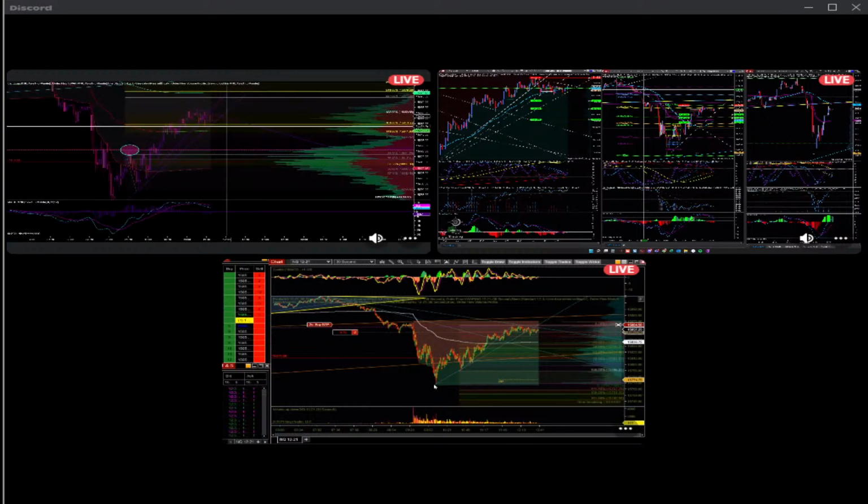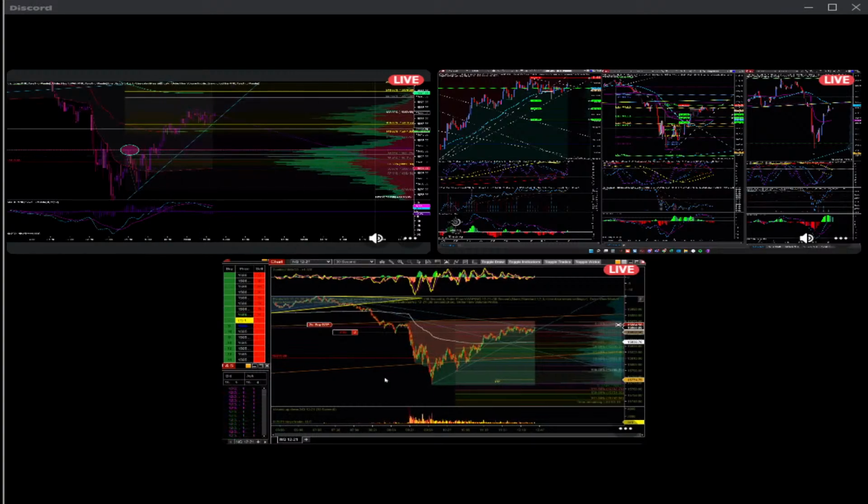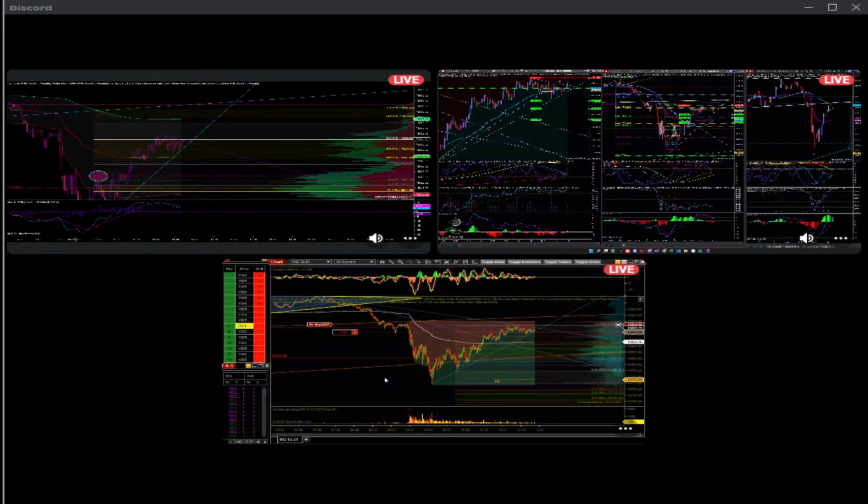It hasn't reached that trend line yet. Ooh, that's not looking good. That's a trend line breakup.